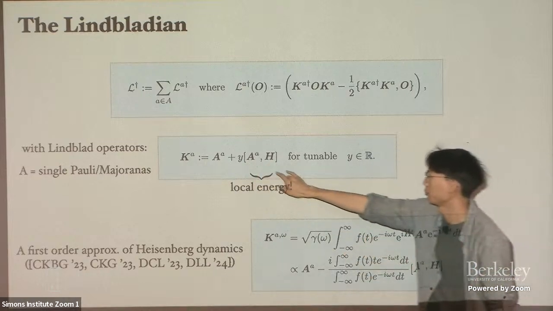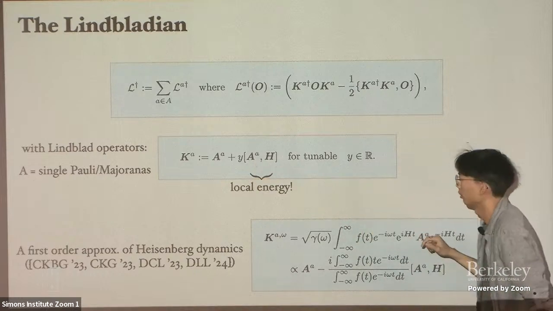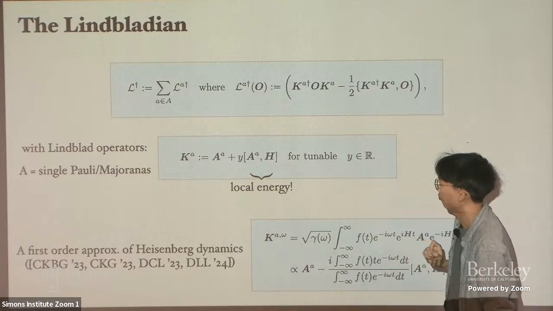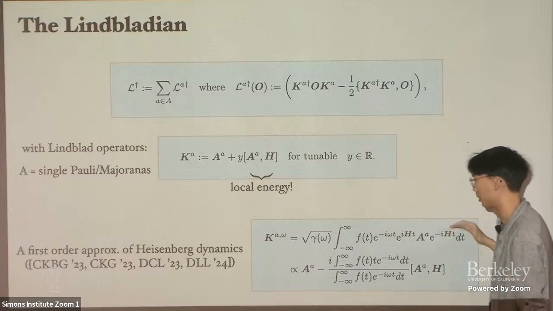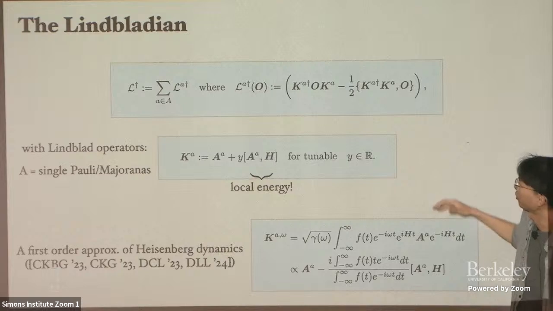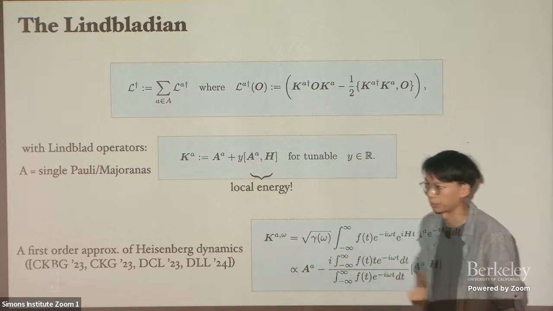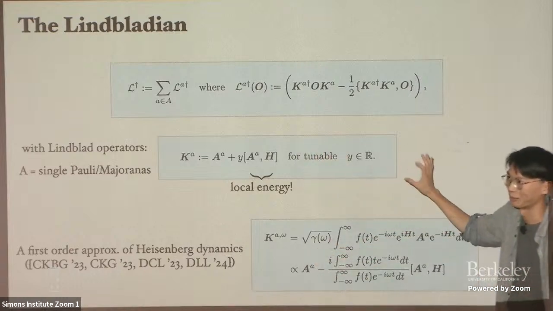In particular, this doesn't depend on the full Hamiltonian, but only on the terms touching it. This is a hint at why the local energy is important. It comes from truncating Heisenberg dynamics. You can think of this algorithm as a baby version of ones that people have proposed, which are still more complicated, and we only do this simpler one.